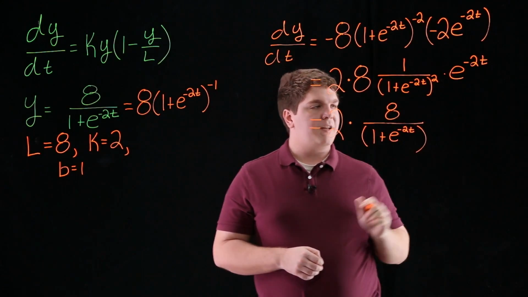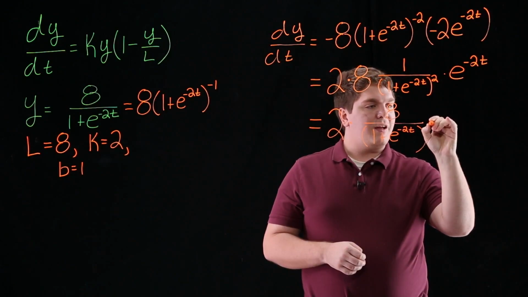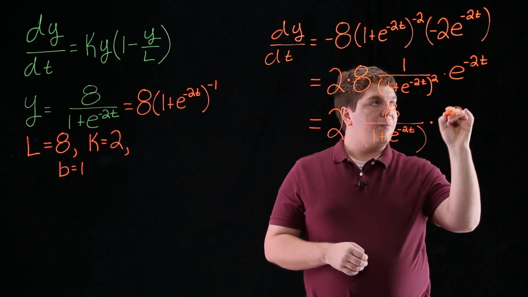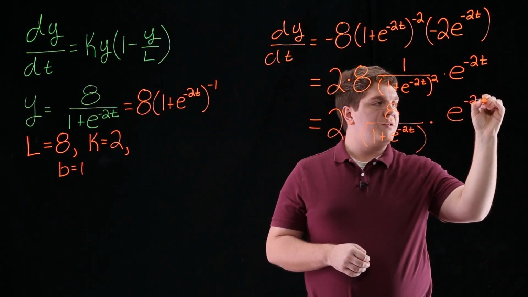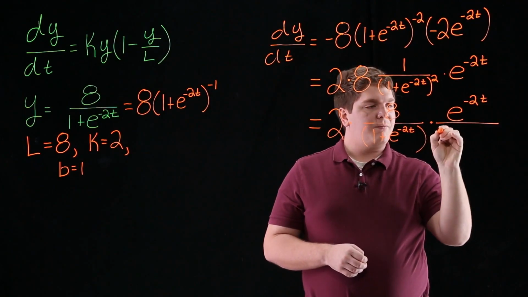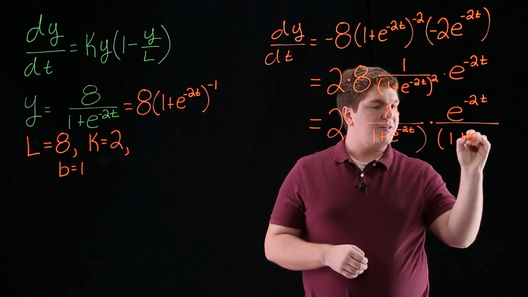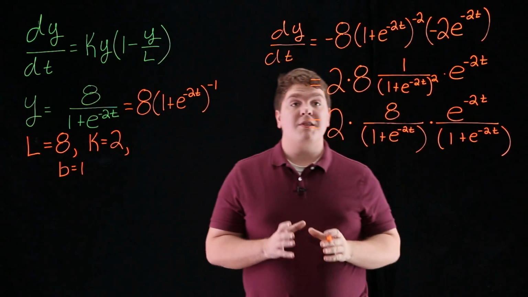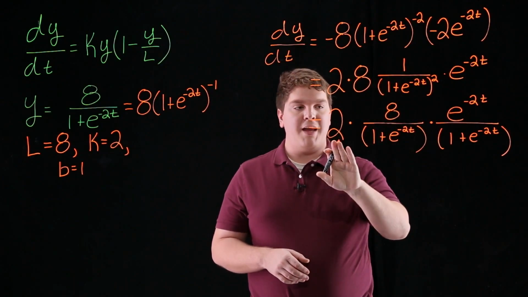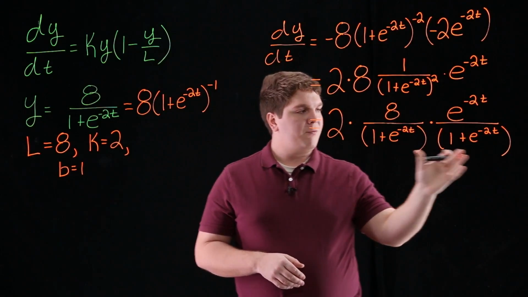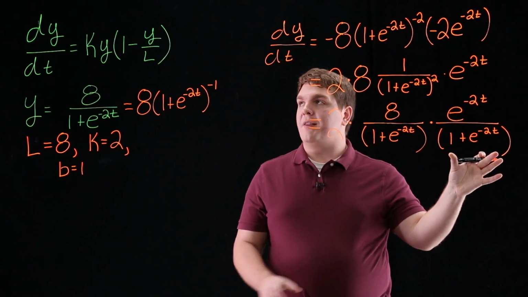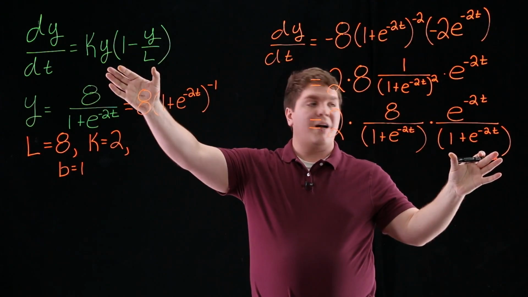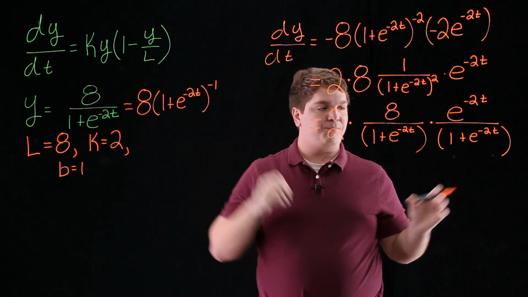Here I'm only going to use one of these. And I'm going to be left multiplying this by e to the negative 2t divided by 1 plus e to the negative 2t. So now what this is starting to look like is k times y. Now I somehow need to rewrite this as 1 minus y divided by L.